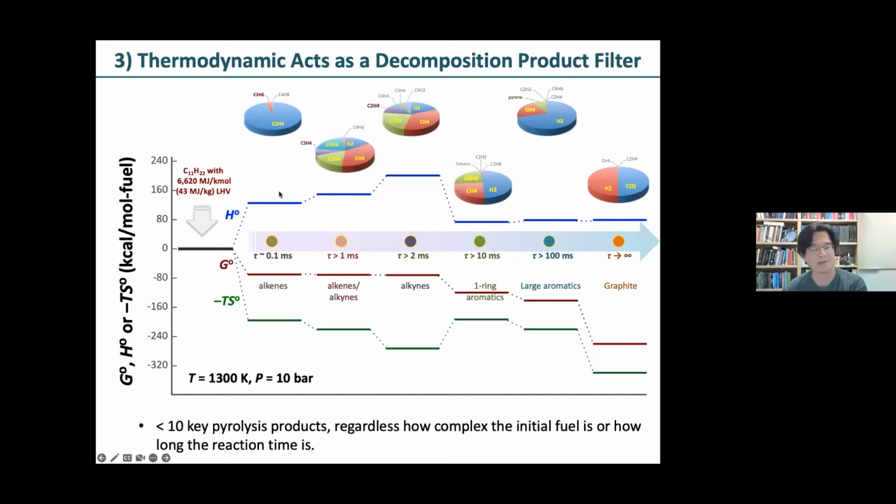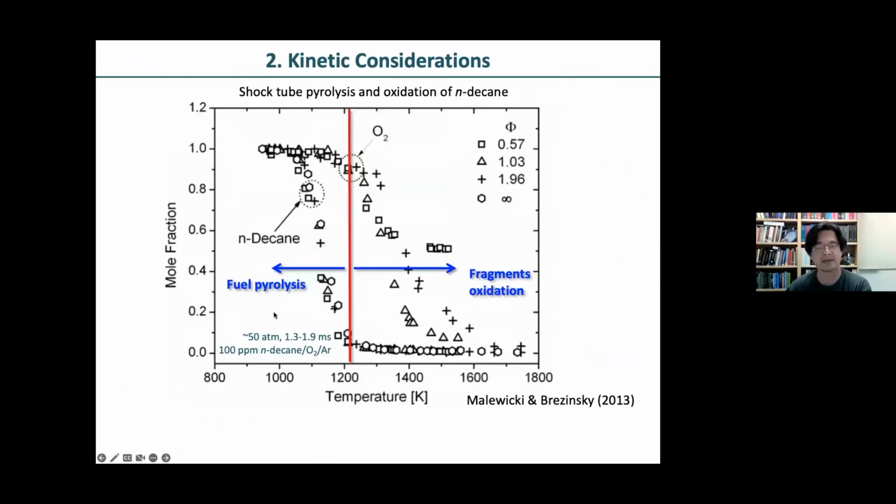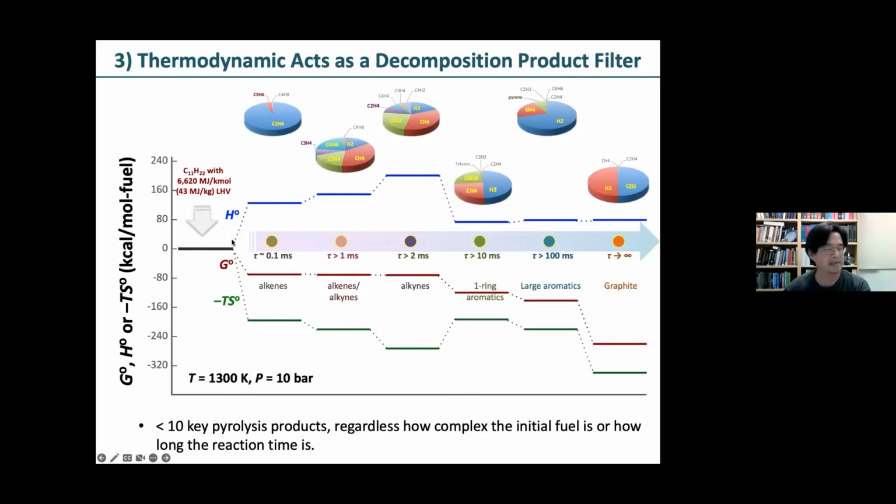And keep in mind, entropy goes up, and if I plot negative temperature times entropy, this should go down. You sum up the enthalpy and entropy terms, you get the Gibbs free energy. It is because of the entropy process driving the reaction, with always negative Gibbs free energy, to go to the final equilibrium product.